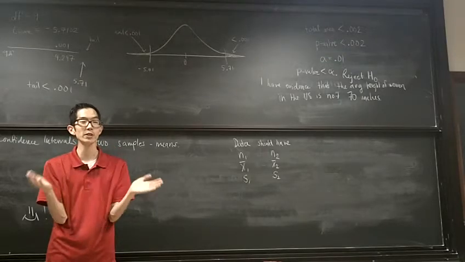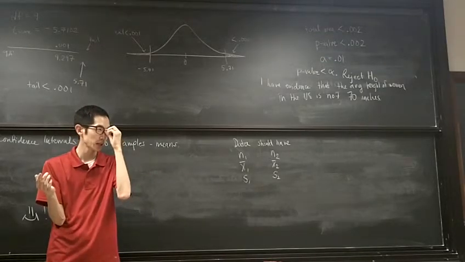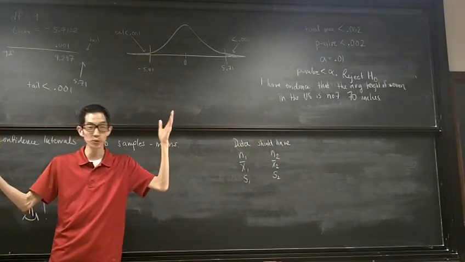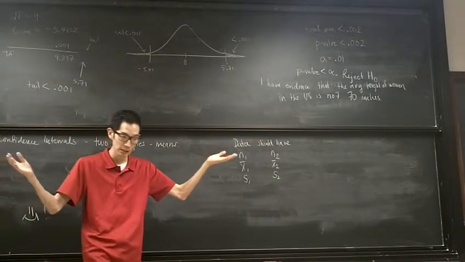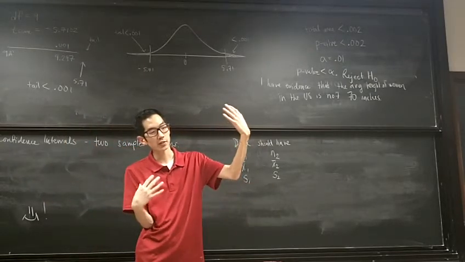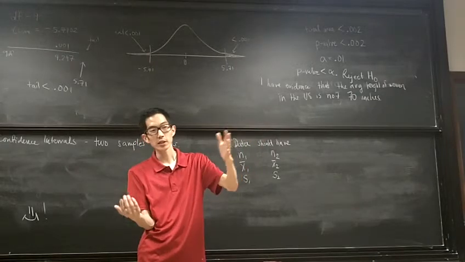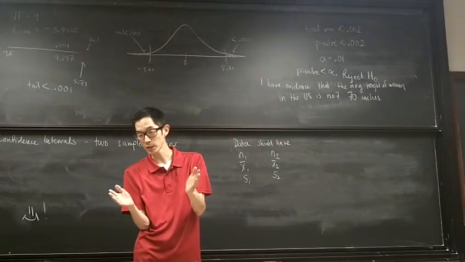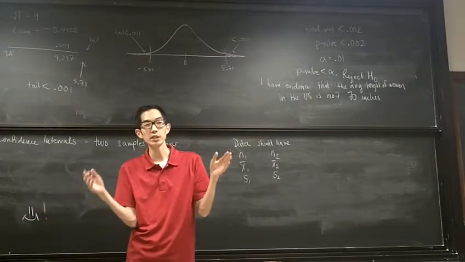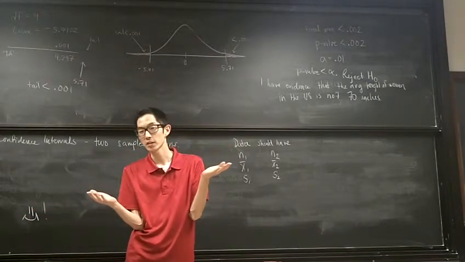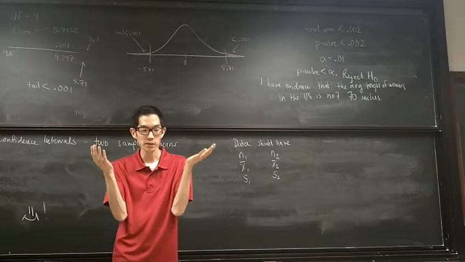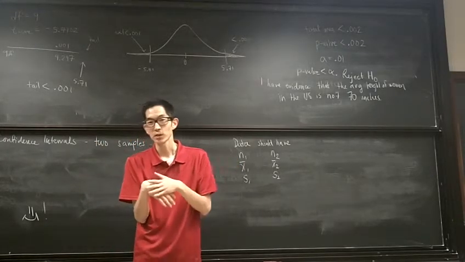For example, let's say sample 1 is men and sample 2 is women. I could find the average height of men in my sample and the average height of women in my sample.